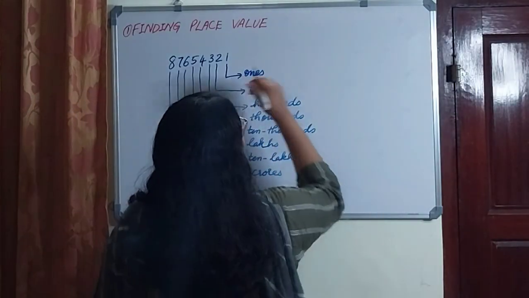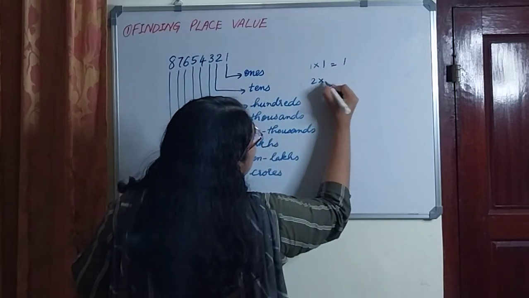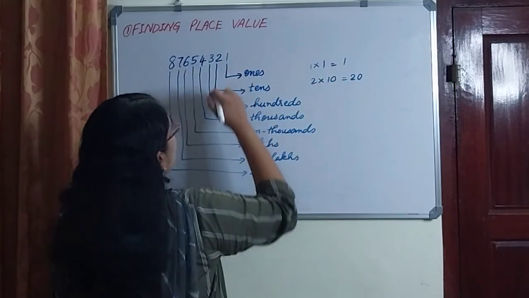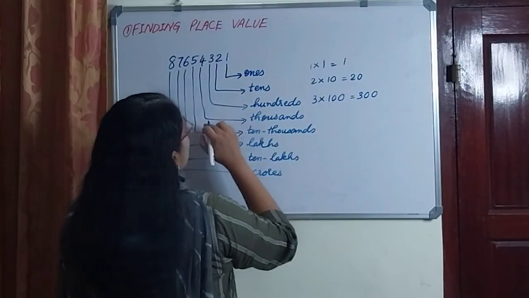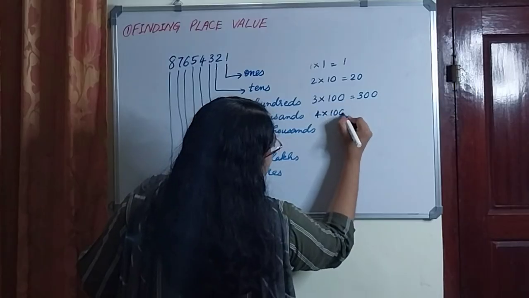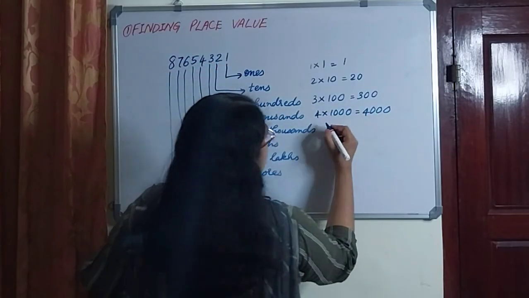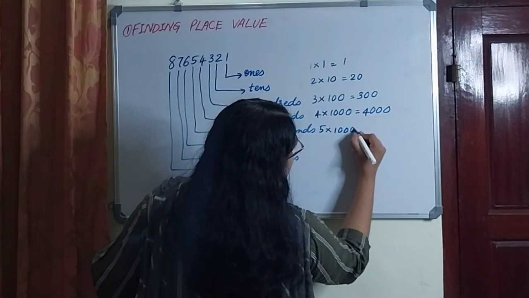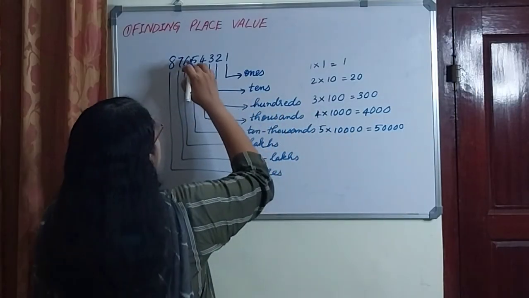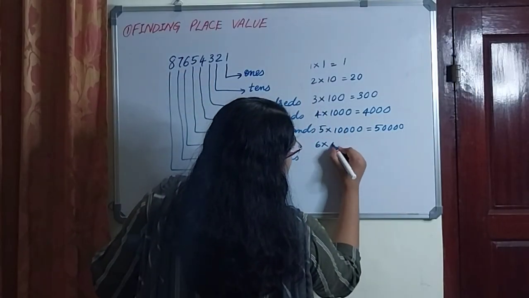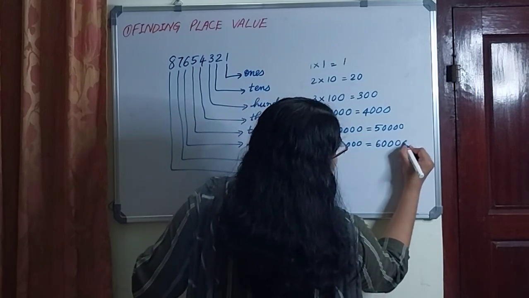Okay, so how to find place value of each digit of this number? First of all, place value of 1 into 1, we get 1. Place value of 2 into 10, we get 20. Place value of 3 into 100, 300. Place value of 4 into 1000, 4000. Place value of 5 into 10,000, that is 50,000. Place value of 6 into 1 lakh, that is 6 lakh.